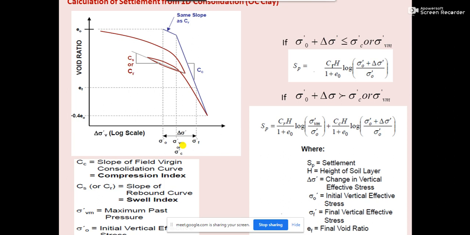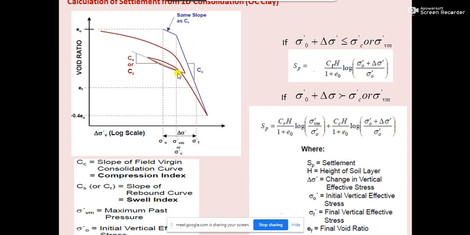If the present pressure after the increment also is lesser than that past pressure, then the index in the formula for the settlement calculation you will be using is actually CR. Instead of CC you will be using CR. This is the change you are observing. So CR is nothing but your soil index.